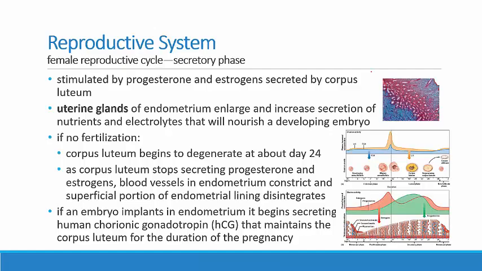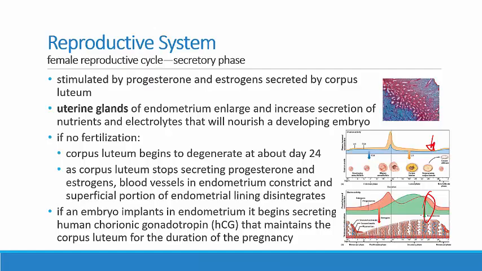And as those hormone levels decrease, so we're now right about here in the cycle, blood vessels in the endometrial lining will constrict, and with the reduced blood flow, those cells toward the surface of the endometrium are going to begin dying back.